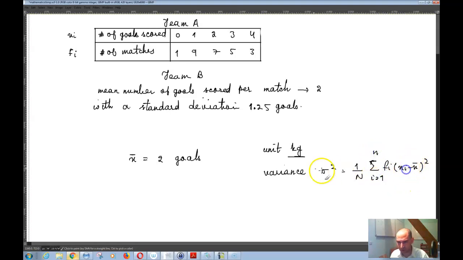So you see over here, you take your unit and raise it to the second power. And so the unit of variance over here would be kilogram squared.